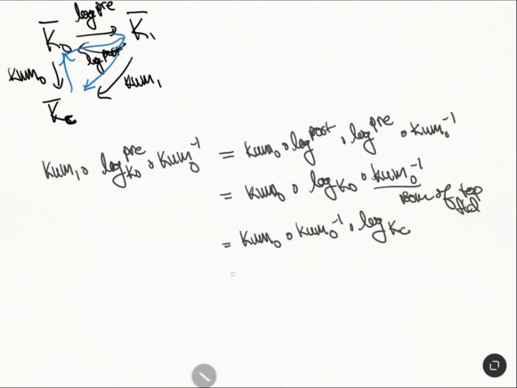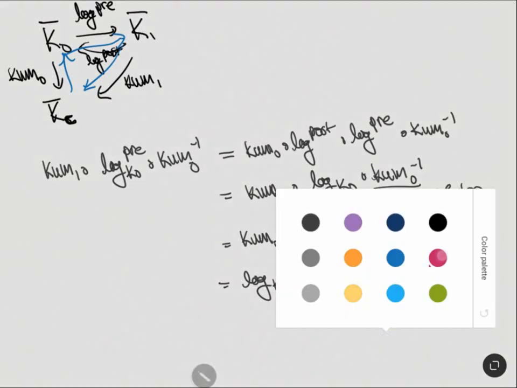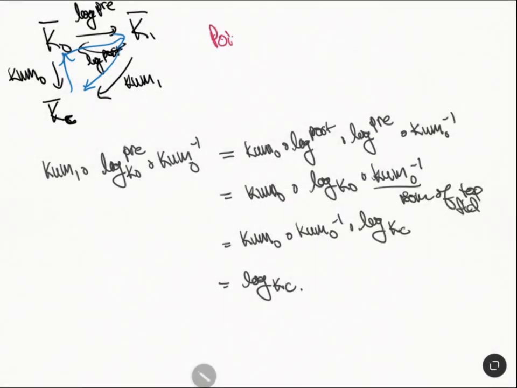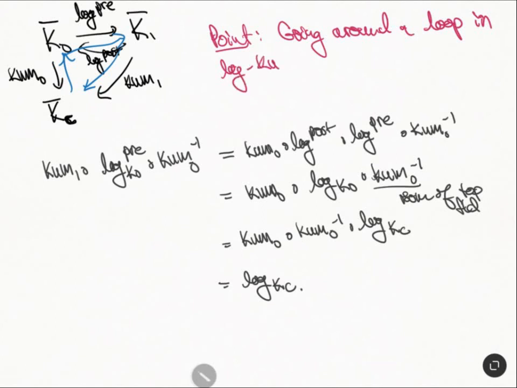It doesn't matter, and these two cancel, of course. This is what allows us to conclude that when we go around a loop, we just get a log. So again, the upshot: a loop in a log link, in the log Kummer correspondence, is just a log on the core.